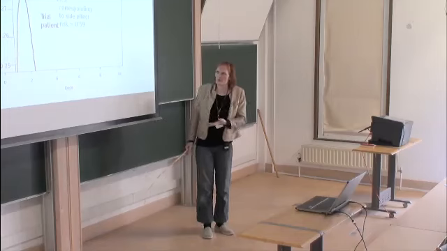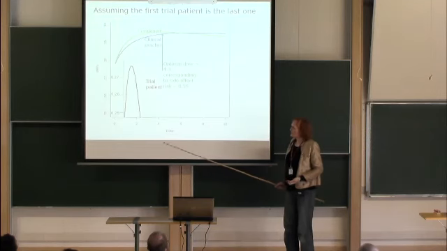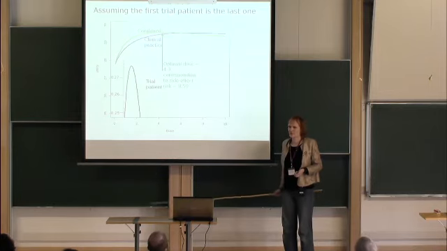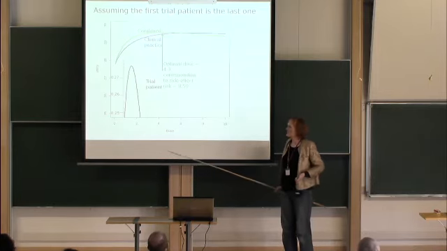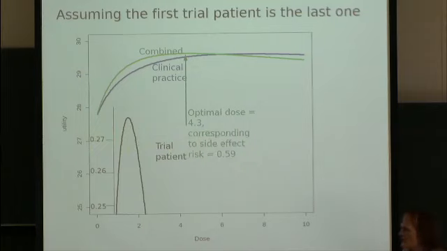And of course, this is not something that an ethical committee will be happy with, that kind of argument, because we cannot expect these trial patients to sign an informed consent agreement under those conditions.